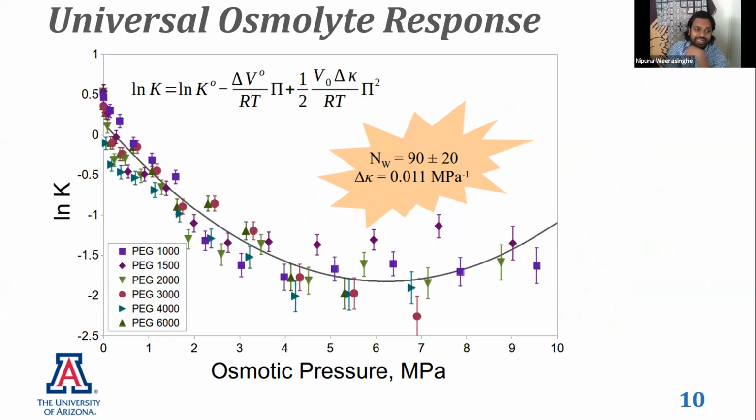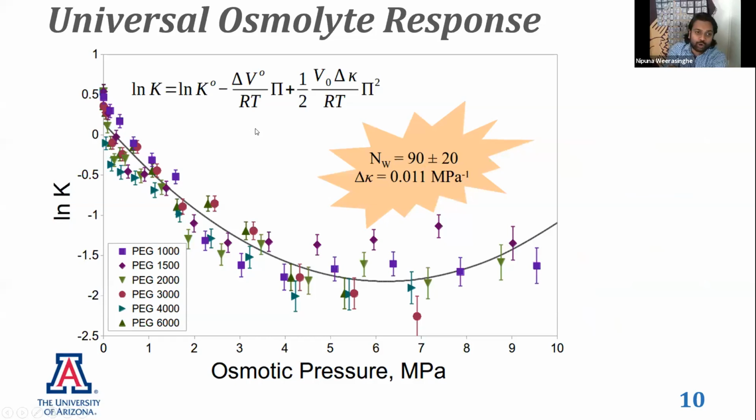by using the ln K versus osmotic pressure of the system, and we were able to derive a thermodynamic relationship between the equilibrium constant between meta 1 and meta 2 and the osmotic pressure of the system, and the relationship is quadratic.